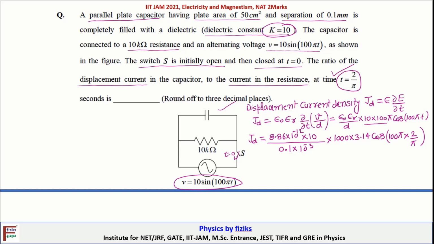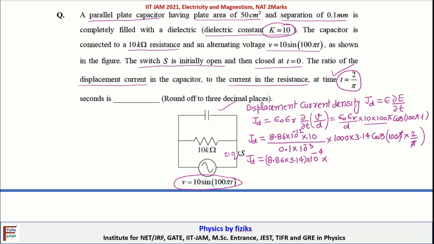So let us calculate the displacement current density JD. Let us write 8.86 multiplied with 3.14, and then you have 10 to the power minus 12 into 10,000 divided by 0.1 times 10 to the power minus 3. If we arrange this, you will get 10 to the power minus 4, and this pi will cancel out.